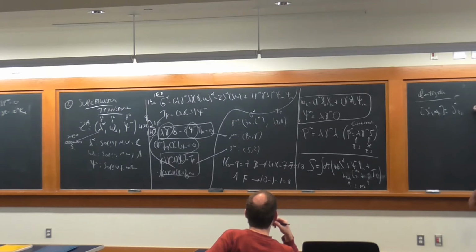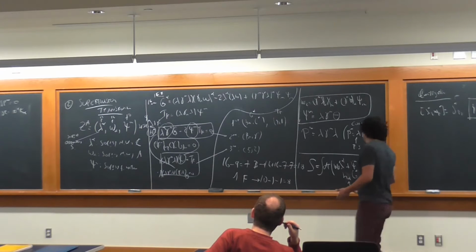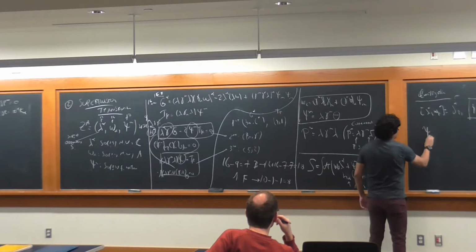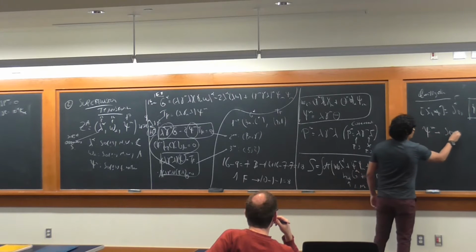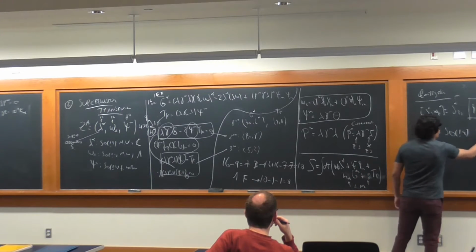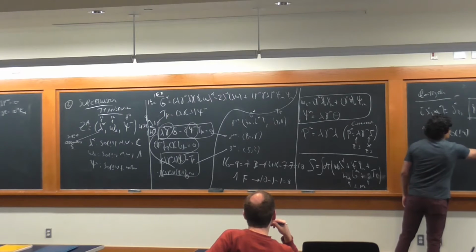So in order to realize this algebra, I have to represent this psi m as gamma matrices of SO(1,9), which means 32 times 32 gamma matrices.